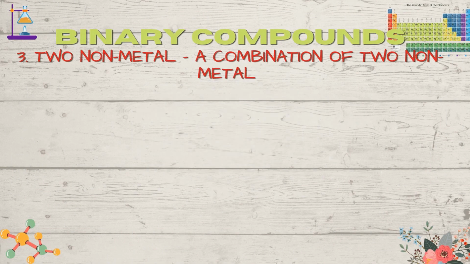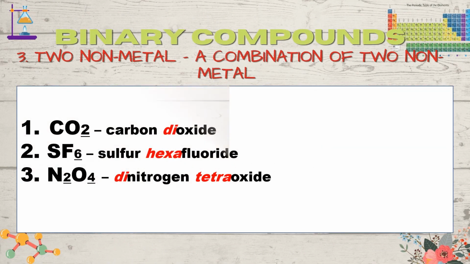Okay, so let's try to analyze the sample I'm going to name, 2 nonmetals. So number 1 is CO2. So C is carbon, then you have 2 as a subscript.